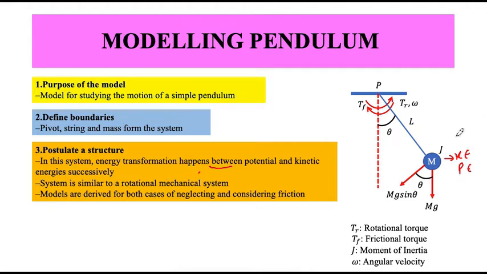So kinetic energy goes to 0 here, and all the energy is potential energy. And this is the point where all the energy is converted into kinetic energy.